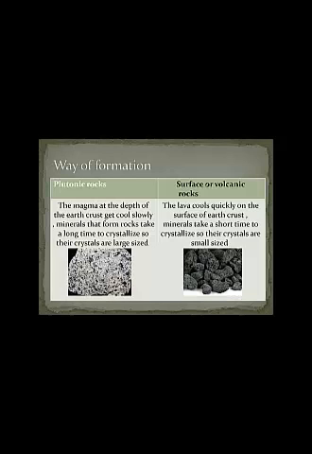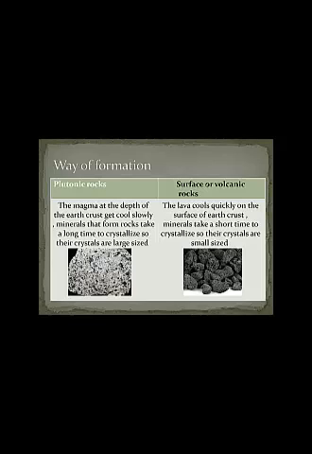According to the way of formation, plutonic rocks are magma at the depths of the Earth's crust that cools slowly, and the minerals that form rocks take a long time to crystallize or solidify, so their crystals are large in size.